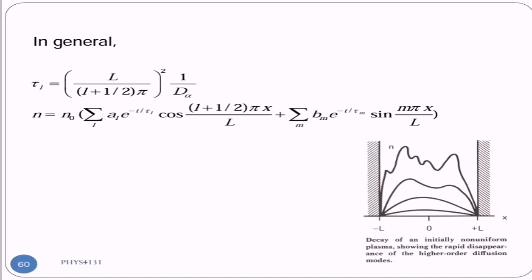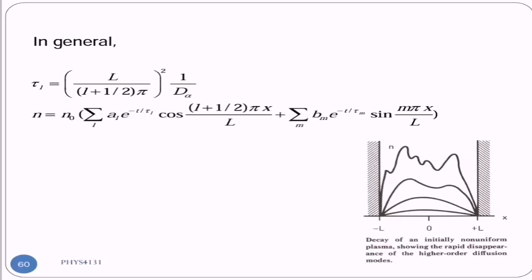Decay of an initially non-uniform plasma showing the rapid disappearance of the higher order diffusion modes is shown in the diagram. The fine-grained structure of the density distribution corresponding to the large l numbers decays faster with a smaller time constant tau_l. The plasma decay is shown in the diagram.